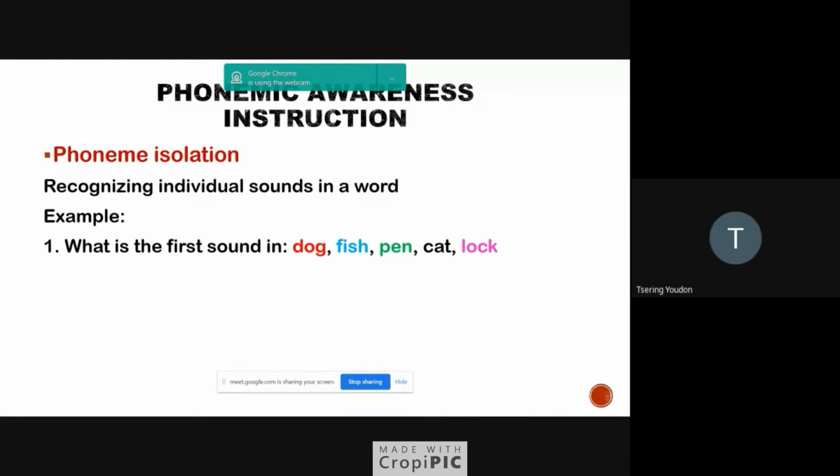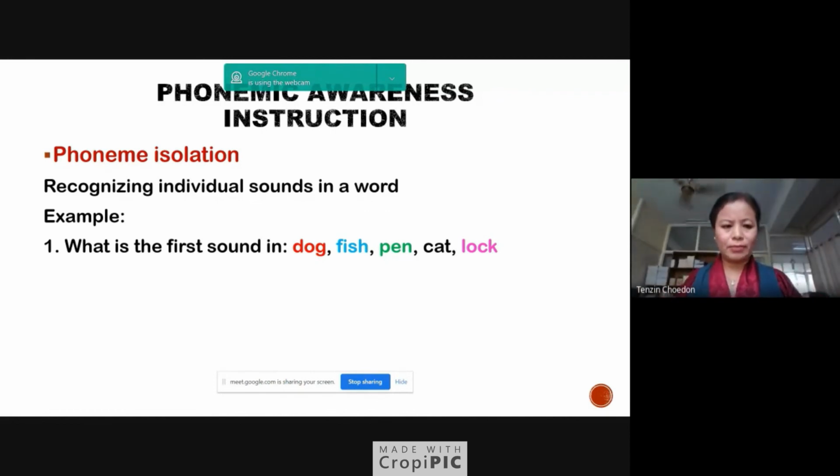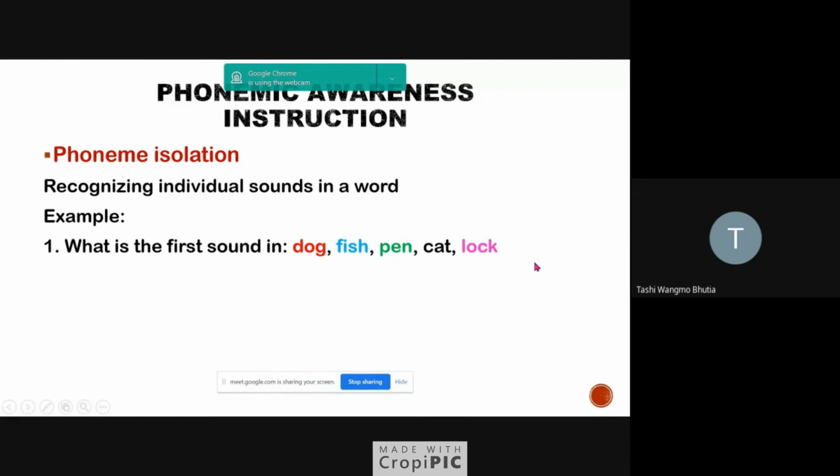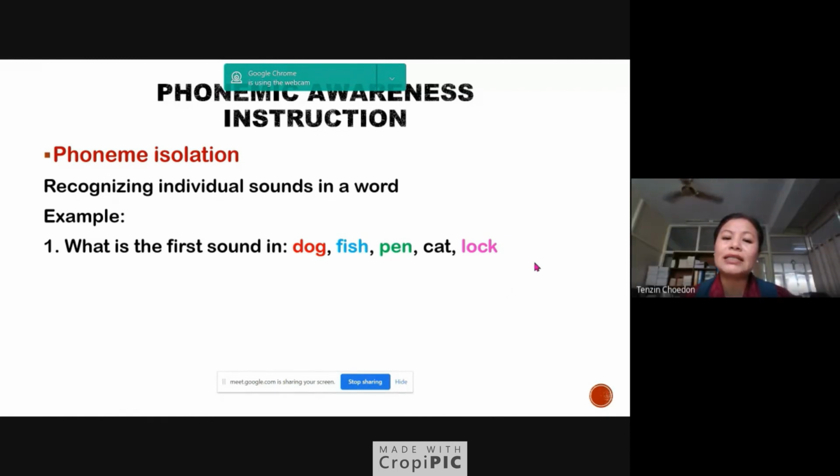Some children might say it's "dee". So as a teacher, you need to teach your children the difference between the letter name D and the sound. "Dee" is the name of the letter, whereas the sound is "d".